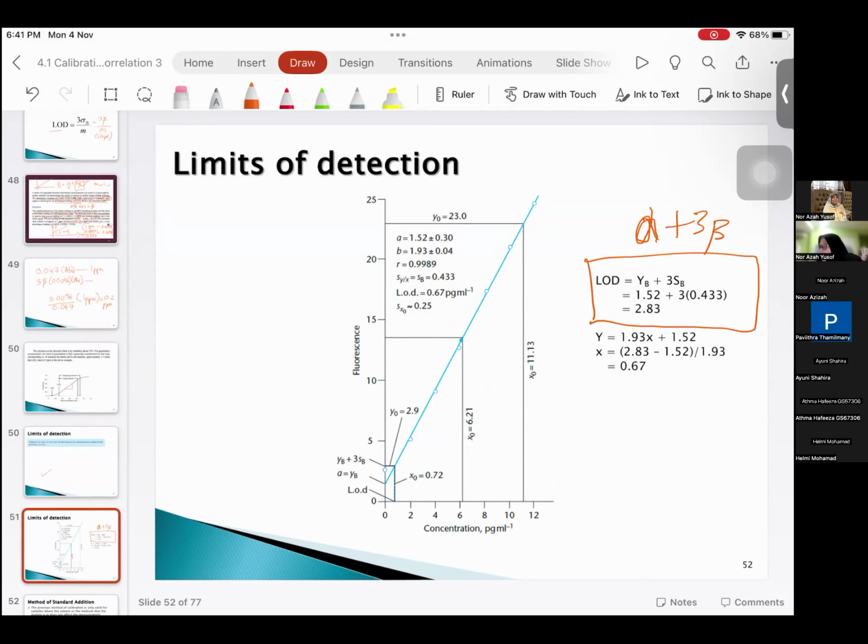So if you look at here, the LOD in terms of the reading of Y, fluorescence in this case, also has no unit. It is arbitrary units as well.